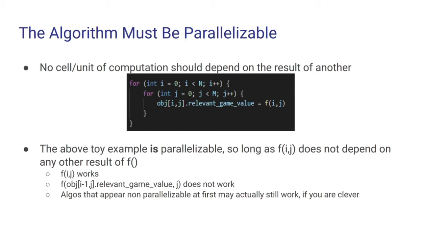Because if the output of f is dependent on f of the previous iteration, then you have no way to obtain this information at runtime in the shader. You could be computed before this value or after it, and it's certainly not going to be in memory for you.